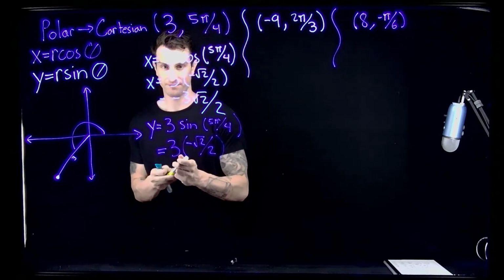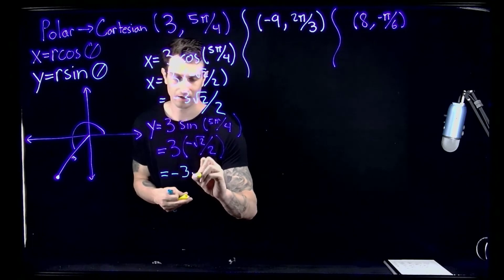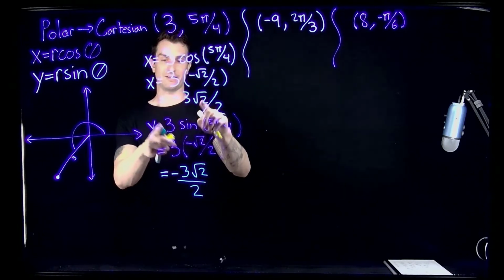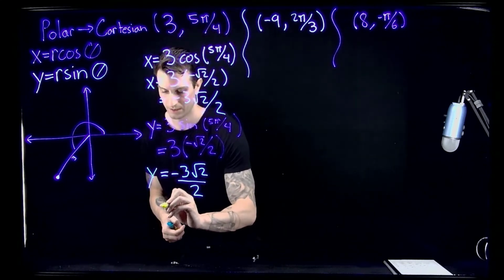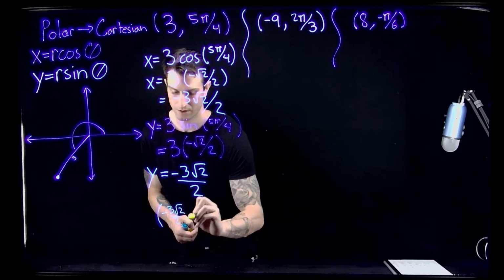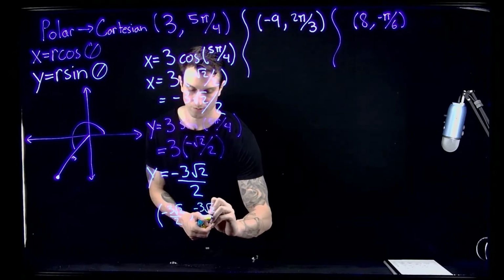So same thing, equals negative 3 rad 2 over 2. So our final answer, x and y here, we have the point negative 3 rad 2 over 2, comma, negative 3 rad 2 over 2.